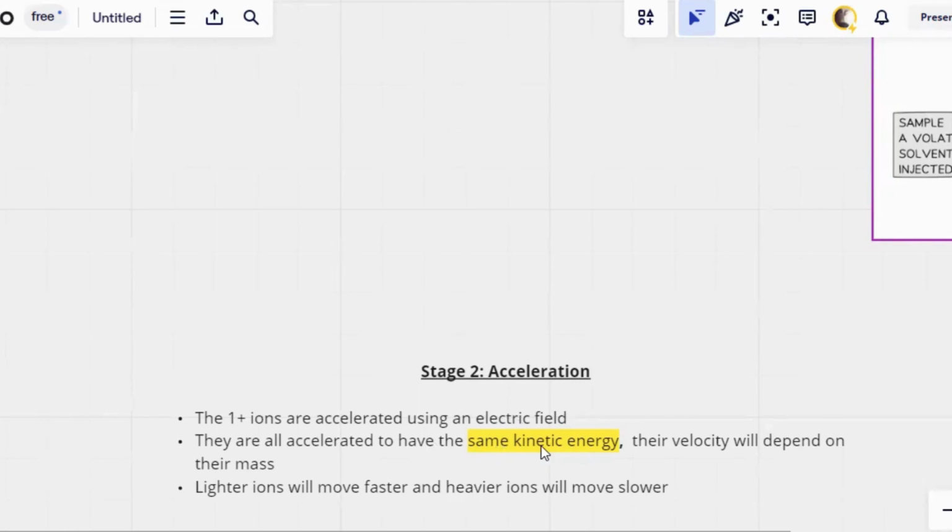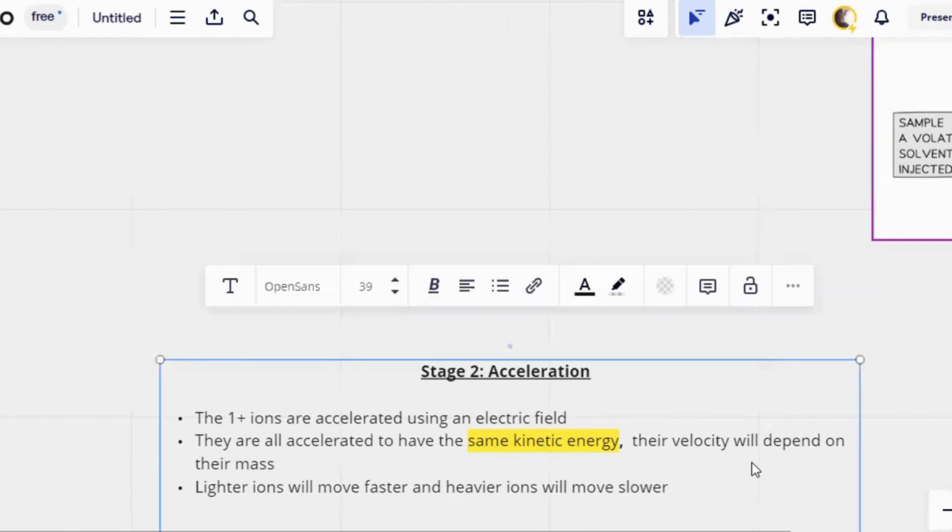Since all the positive ions have the same kinetic energy, their velocity will depend on their masses. This is the important part that you need to remember. Lighter ions will move faster and heavier ions will move slower.